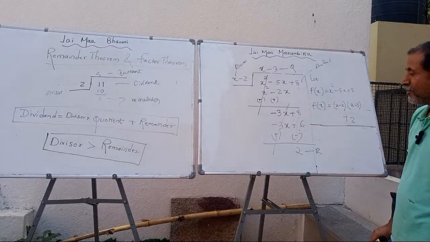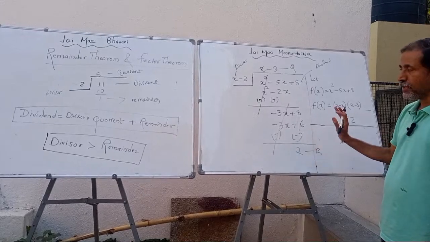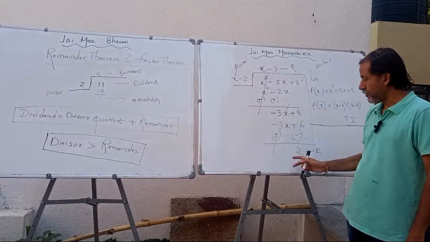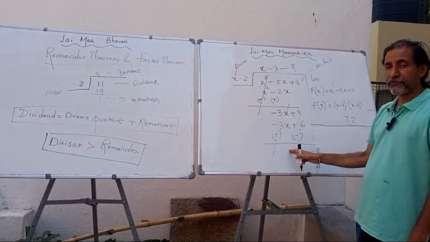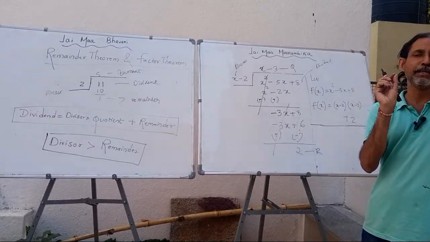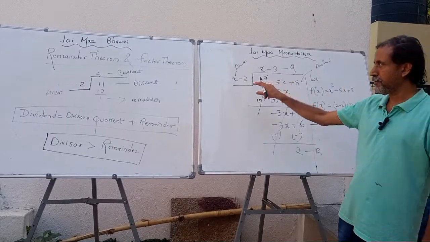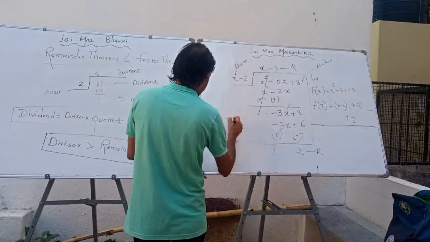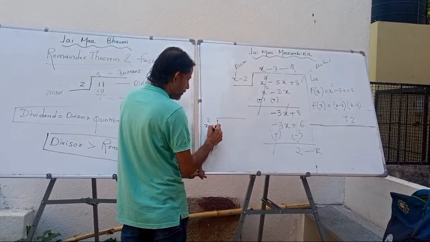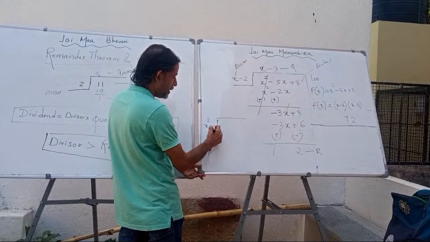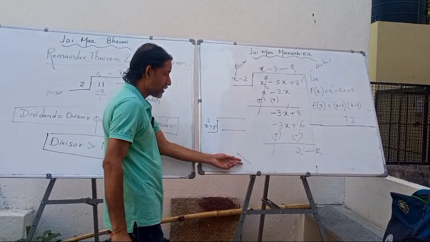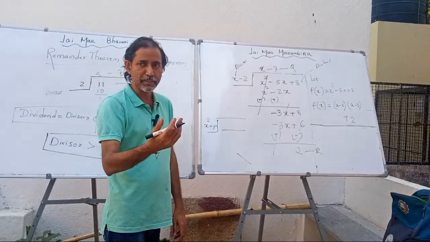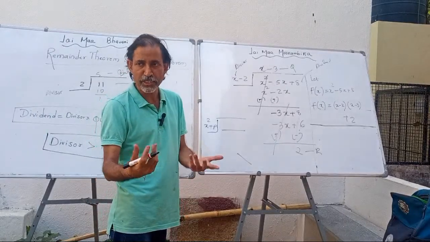Okay, fine. All right. So in this case, one thing is sure: if it is x minus 2, the power of x in the remainder will be at least 1 less than the power of x in the divisor. For example, if I am dividing something with x square plus something, let's say p, your remainder will not be having x square at all. It will be either x plus c or just a pure number.